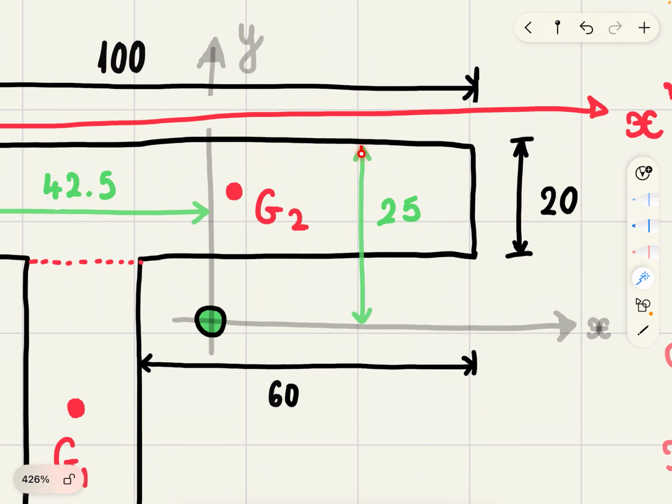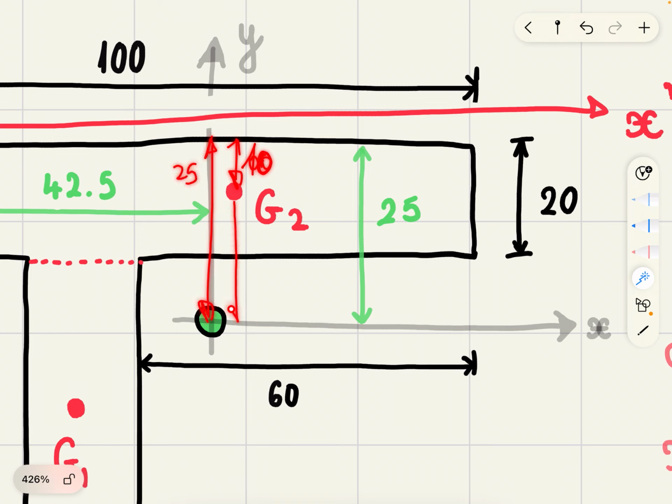So we know that the total distance from the x prime axis to G is 25, and the distance from the x prime axis to G2 is 10. So we do 25 minus 10 to get this one, because this one's 10.